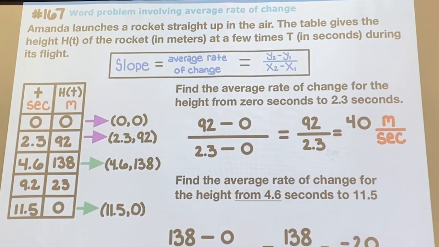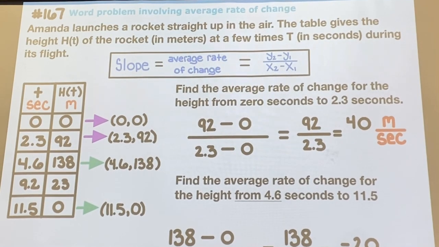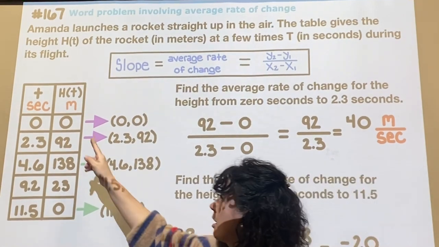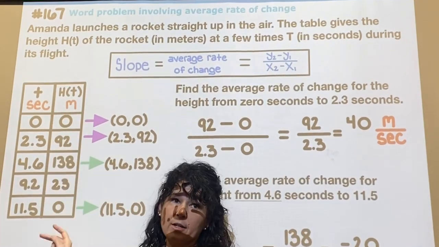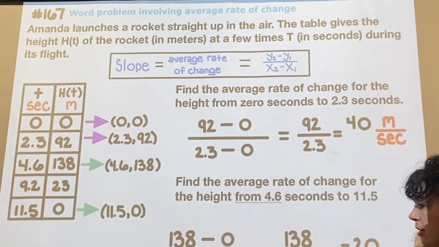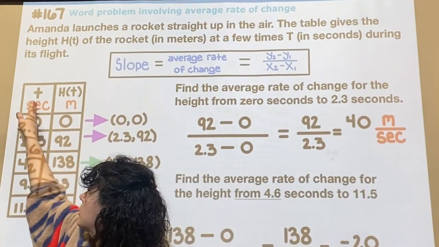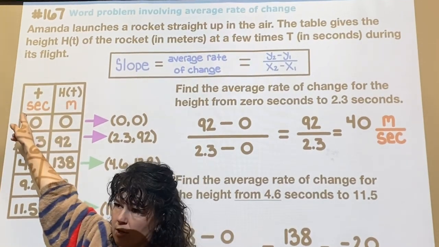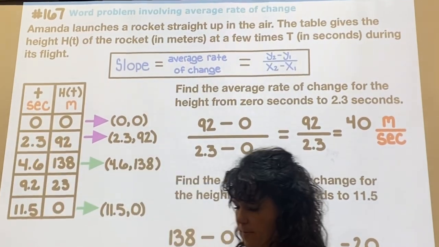And then just looking at the labels again, the numbers in the numerator are coming from the y coordinate, so that's your meters. The numbers in the denominator are coming from this column, from seconds. So it's meters over seconds.